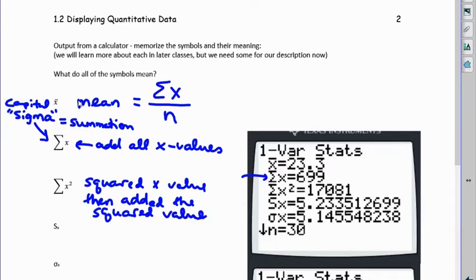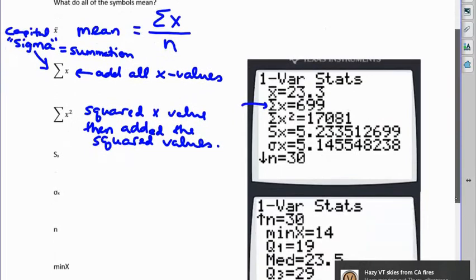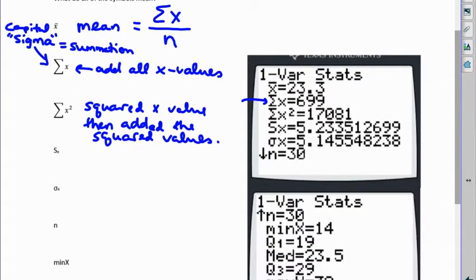The reason they do that is because it is used by the calculator to find the next term on here, which is a letter S with a little subscript x, to remind you that you have a standard deviation. This is the standard deviation of a sample.